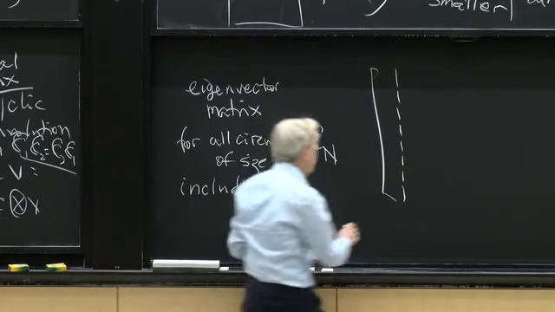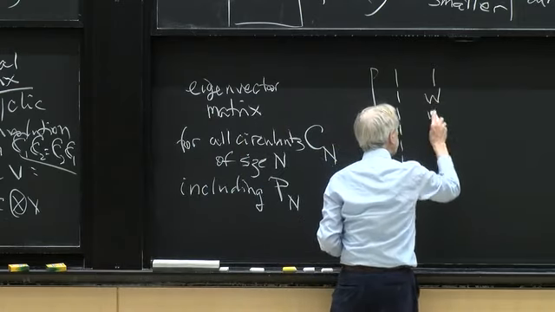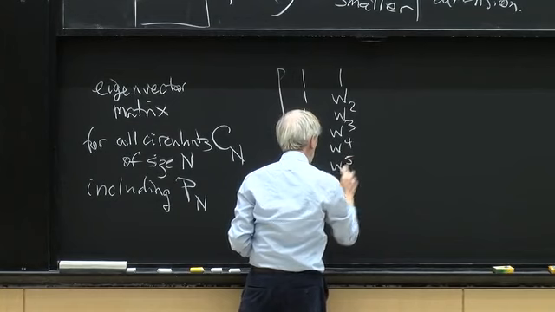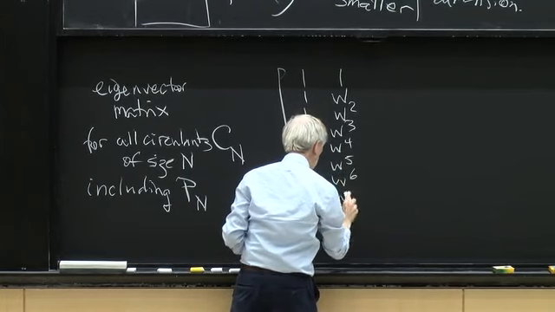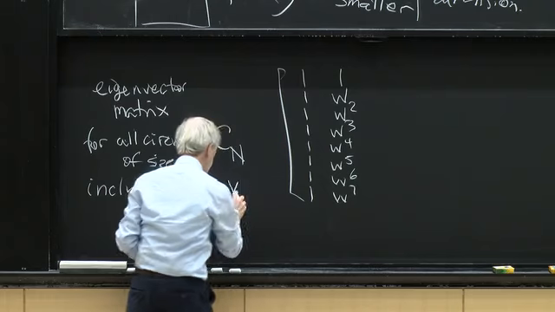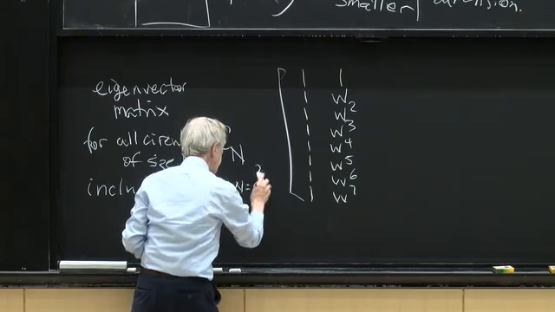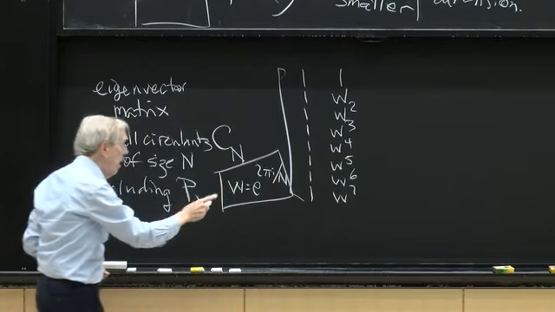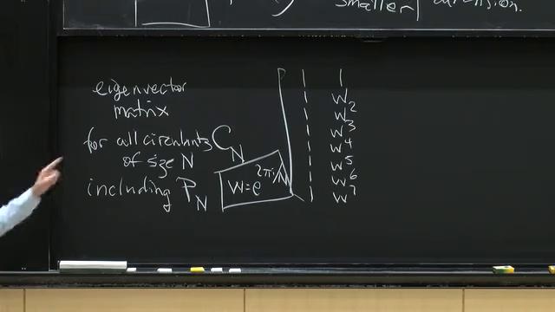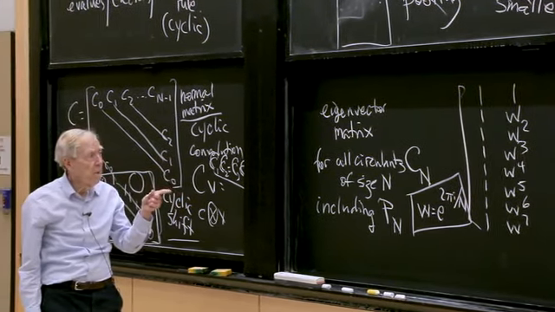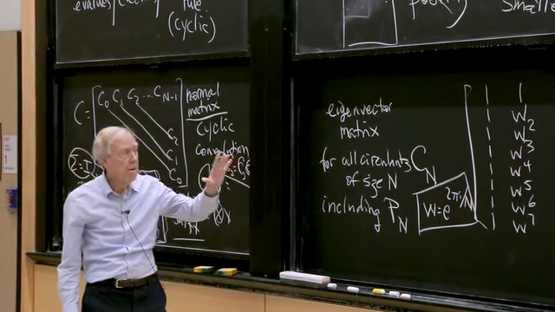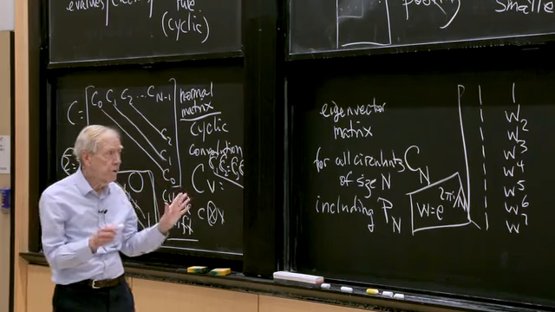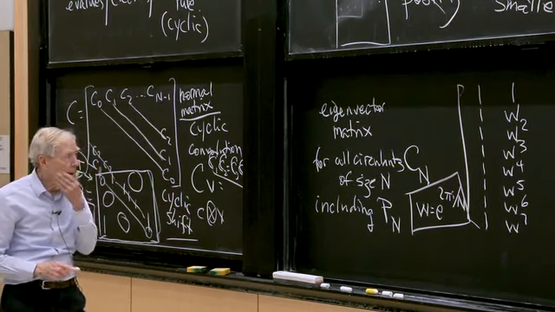The next eigenvector is powers of W. Let me remind you, everything is going to be powers of W: e to the 2 pi i over n. It's that complex number that's 1/n of the way around. So if I multiply that by P, it shifts it, and it multiplies by W, or 1 over W, which is another eigenvector.